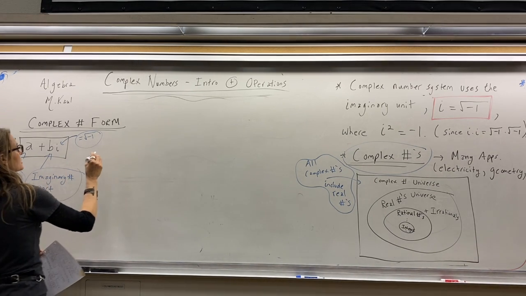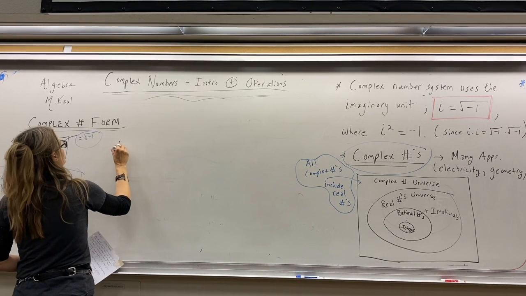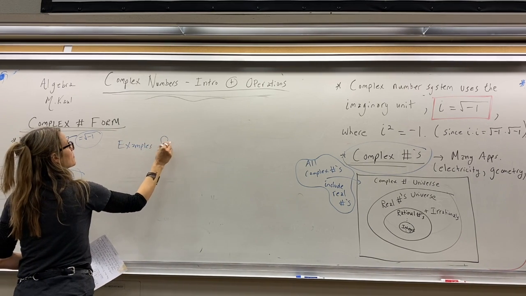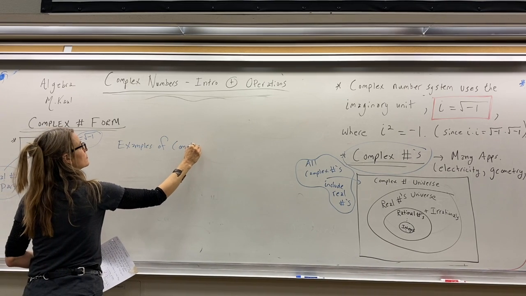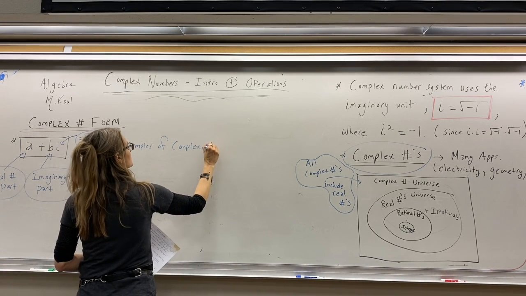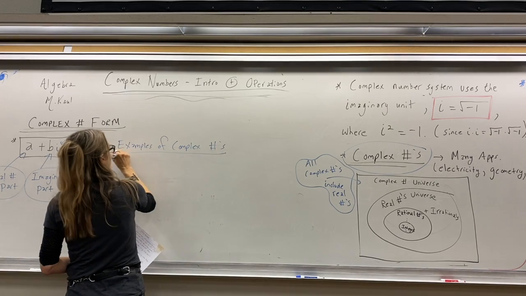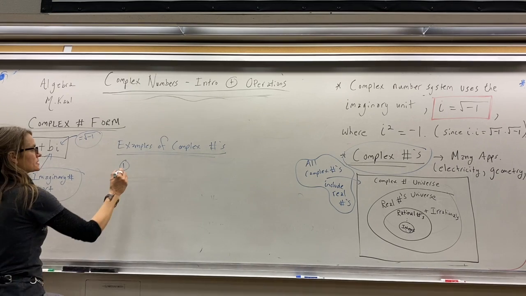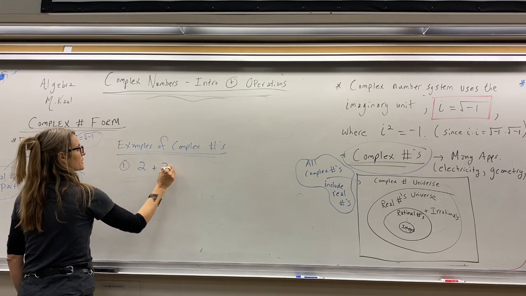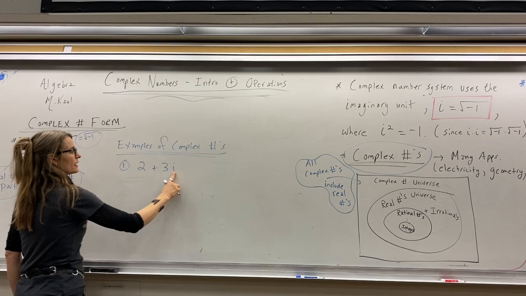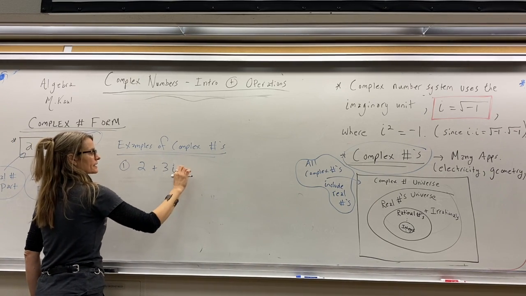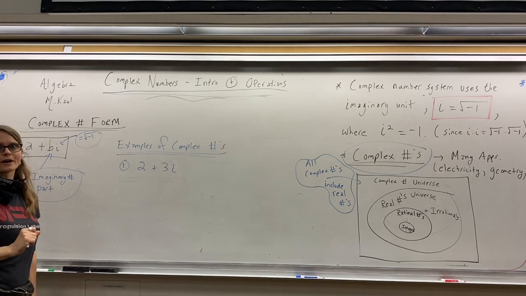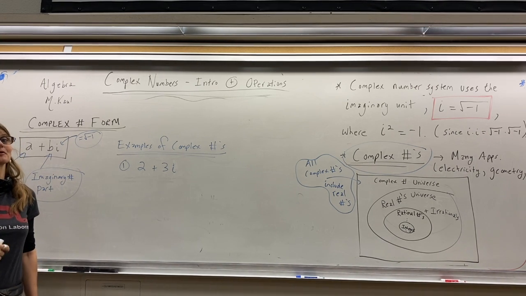So we have all these little parts that make up our complex number form. So here are some examples. Okay, so here's an example of a complex number. Let's say just 2 plus 3i. Okay, it almost acts like an x. It's like saying 2 plus 3x, except that we know what i is. You know, x is just a variable of unknown value.